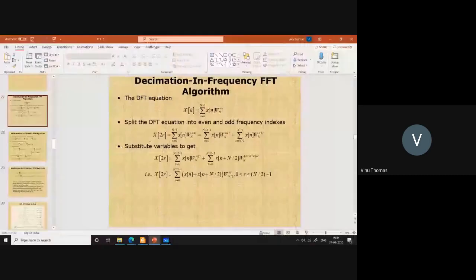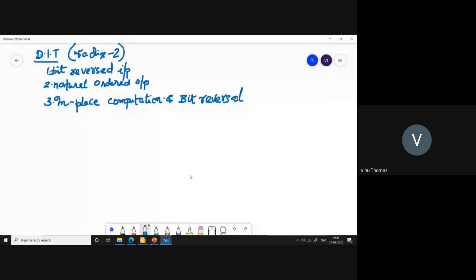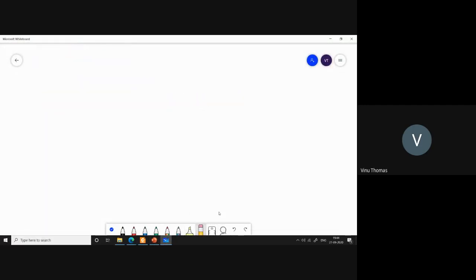For that, you just expand this complex exponential. I can write W_N raised to n plus N by 2 into 2r.